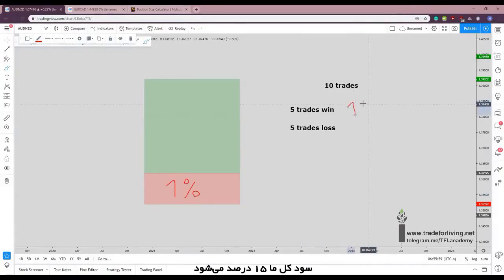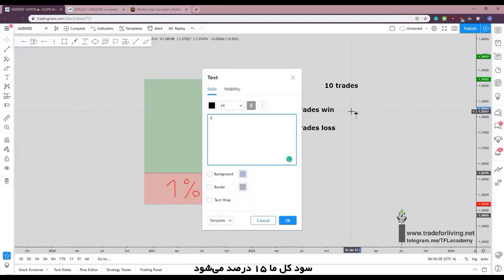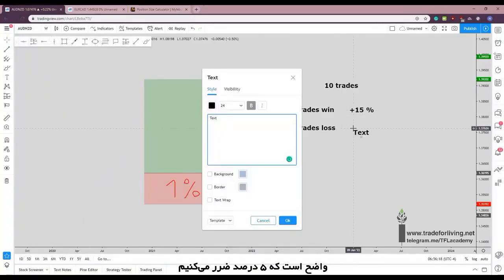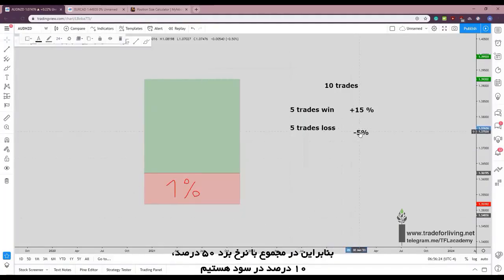Our total gain will basically be 15%. And if we lose 5 trades, obviously we will lose 5% because we're risking 1% each. So overall, with only a 50% win rate, we are up 10%.